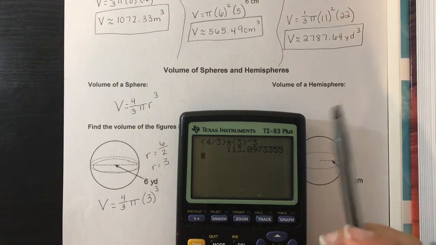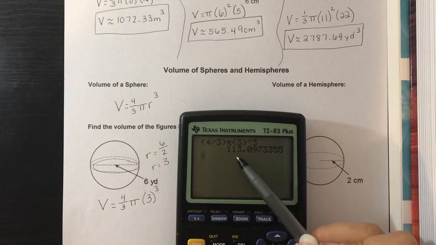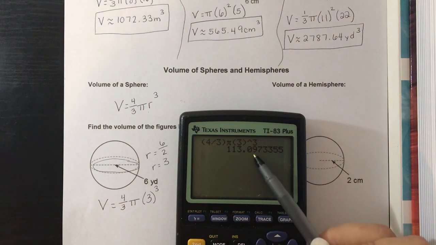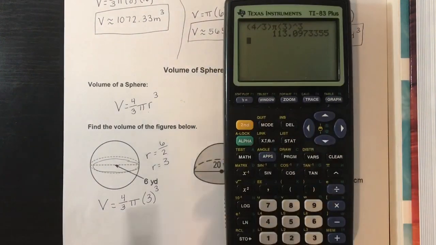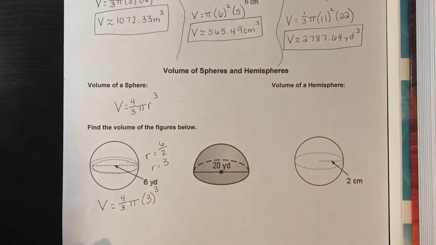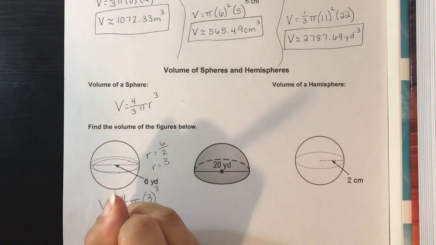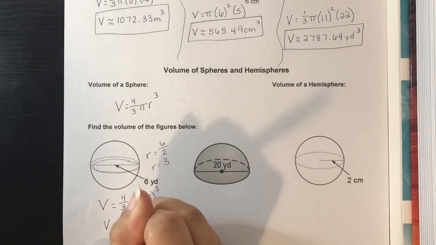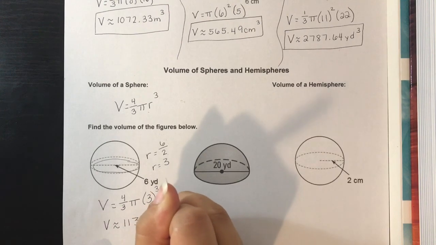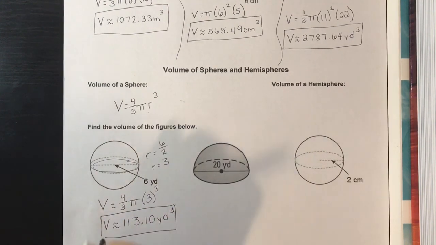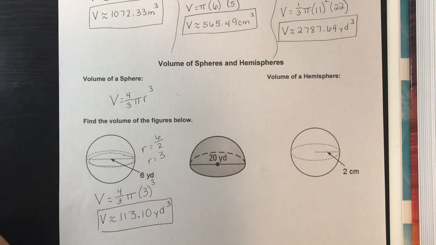I hit enter, and I get 113.10, because if I'm rounding to the hundredths, the 7 would bump the 9 up to a 10, which would bump the 0 up to a 1. So this volume is about equal to 113.10 yards cubed. Remember, volume is always cubed.